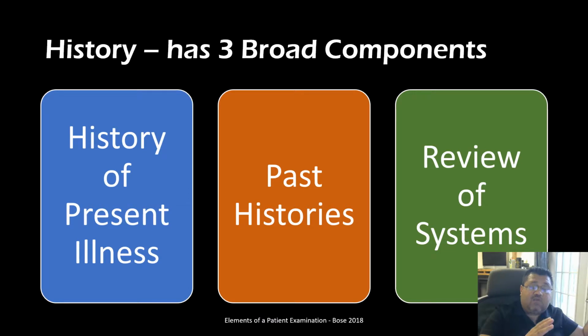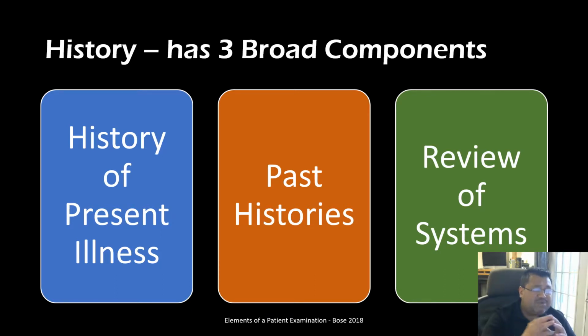If it started when I fell 3 months ago, yes, then it becomes relevant and it becomes part of history of present illness. But it's very unlikely that somebody is just sitting for 3 months and then coming to you with that complaint. So history of present illness only deals with the circumstances specifically associated with the current problem.